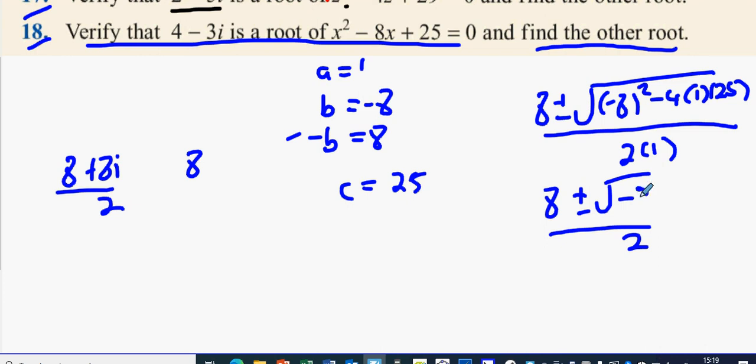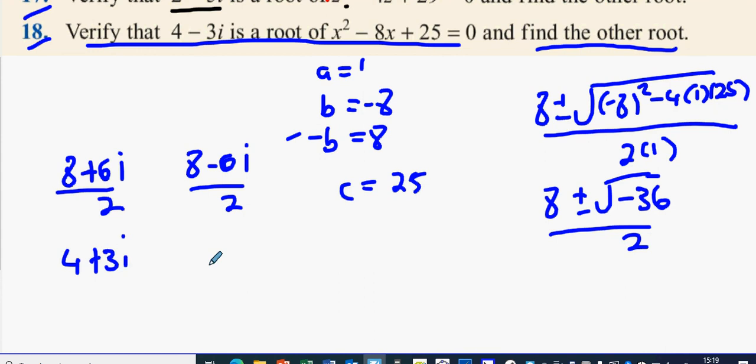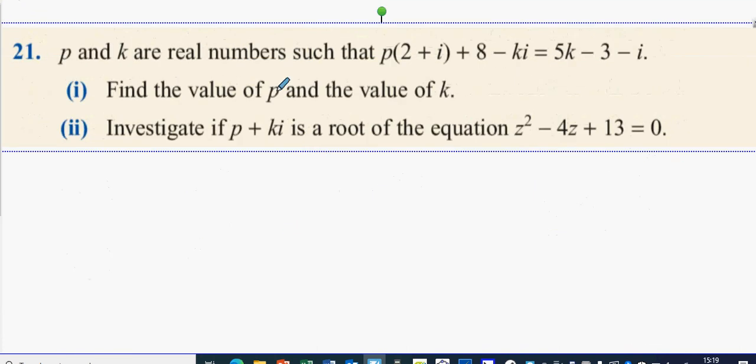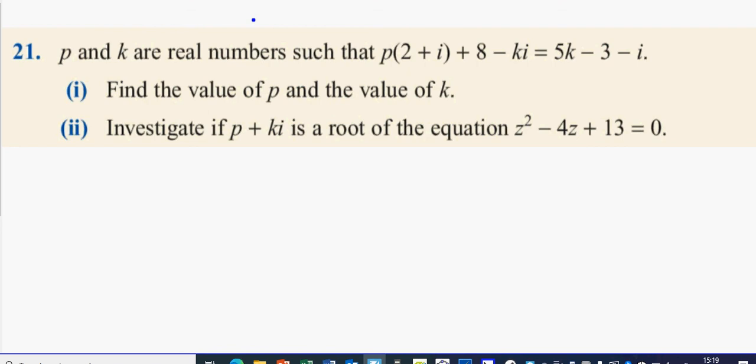Sorry, it's minus 36. And the square root of minus 36 is 6i. So, 8 plus 6i over 2 is? Anybody? And then the other one? Done. Happy out? Okay. So, that's 18. Alright. You're on 21 part 1 yourselves. Off you go.